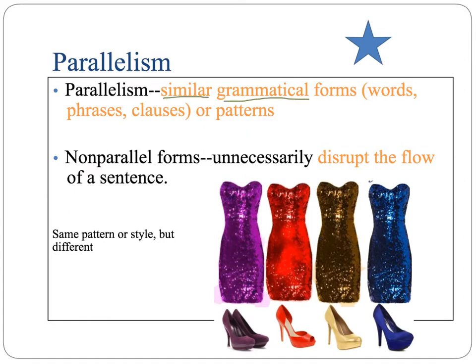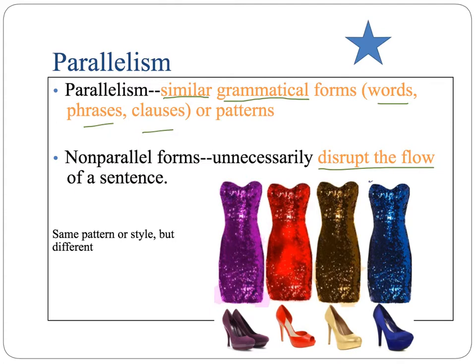So today we're going to be looking at more of the grammar side of parallelism versus the rhetorical side. So we're going to be looking at repeated words, phrases, and clauses, and patterns and how punctuation influences those things. If a sentence is non-parallel, it disrupts the flow of the sentence and it doesn't make as much sense.